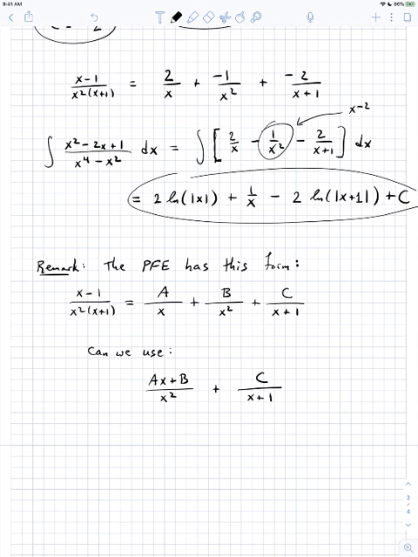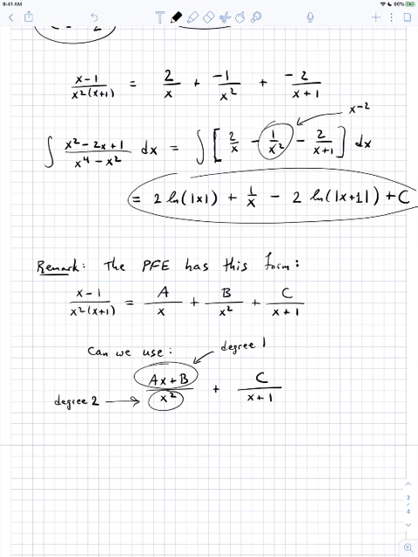And then this would still be c. So we have a quadratic in the denominator, and so in the numerator we let ax plus b be our polynomial with unknown or undetermined coefficients, because the idea is the numerator has to be 1 degree smaller than the denominator. And that's what it looks like here, because we have a degree 2 in the denominator and a degree 1 in the numerator.